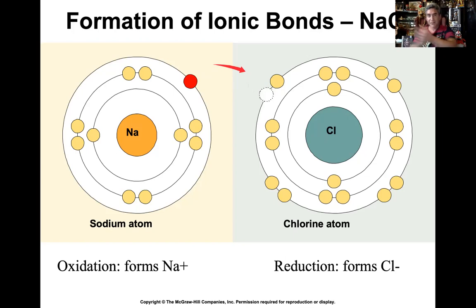Now chlorine is stable, sodium is stable, and now they're ready to participate in an ionic bond. So we talked about this in an earlier discussion. Once we have opposite charges, so law from physics, opposite charges will attract. So the positive charge does attract to the negative charge.